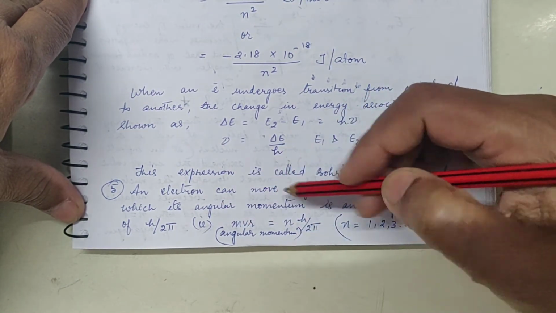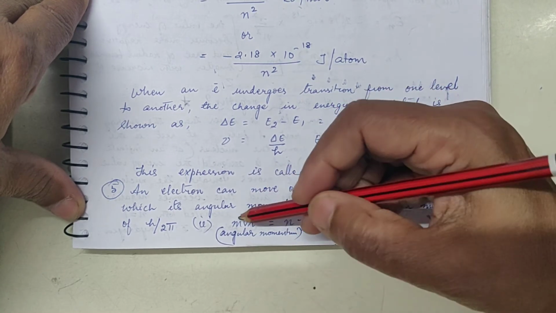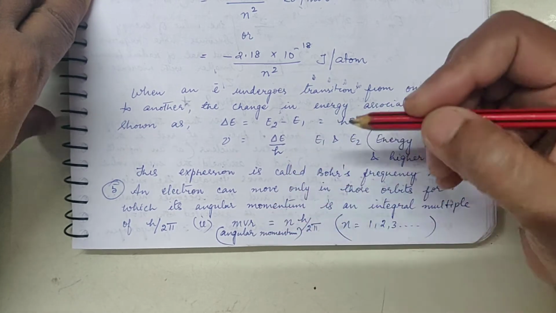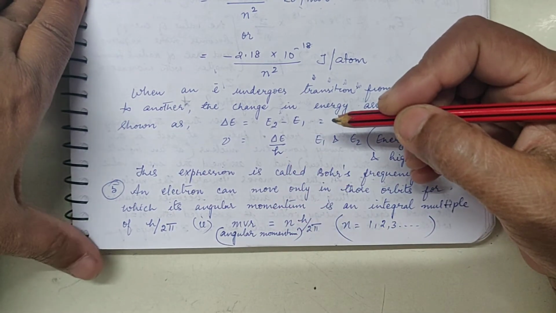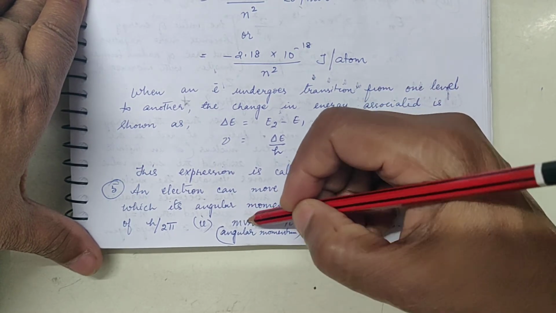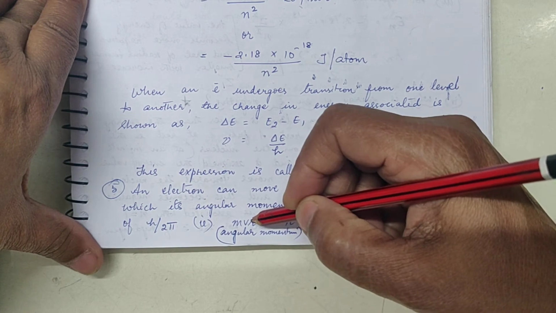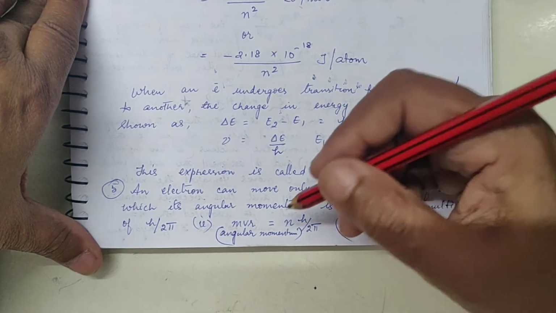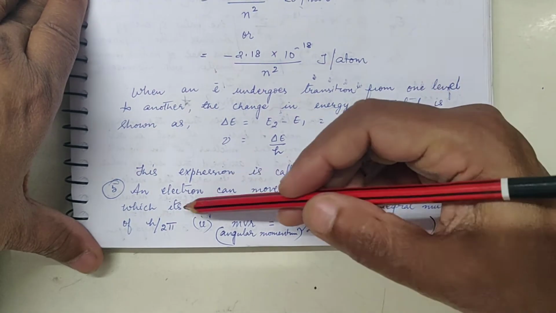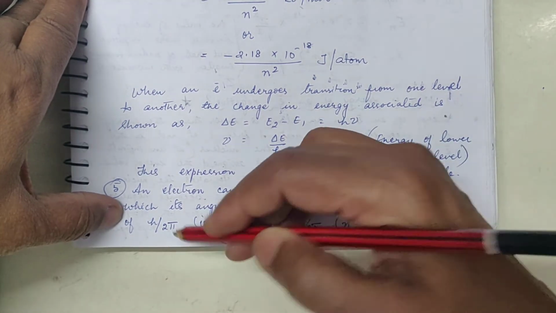Angular momentum is given by the formula mvr, where m is mass of electron, v is velocity of electron, and r is radius of the atom. So this is what is called as angular momentum. Is product of mass into velocity. Angular momentum is, you have to include another concept here, that is radius. And he says that it can move only in those orbits for which its angular momentum is an integral multiple of h upon 2 pi.